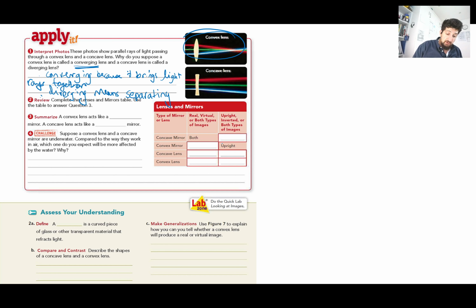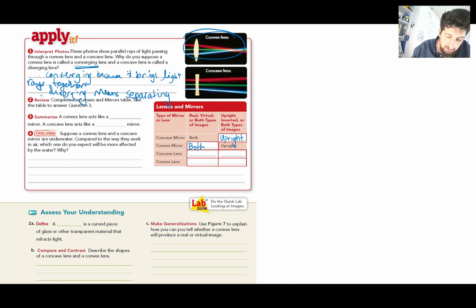So it's going to be upright. Convex mirrors. With convex mirrors, they form both. Wait a minute. Oh, we're talking about mirrors. Oops, we're talking about mirrors. We're not talking about lenses.